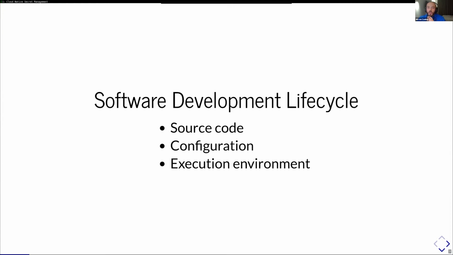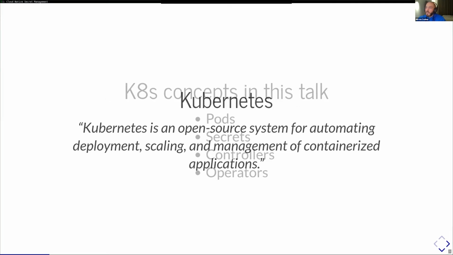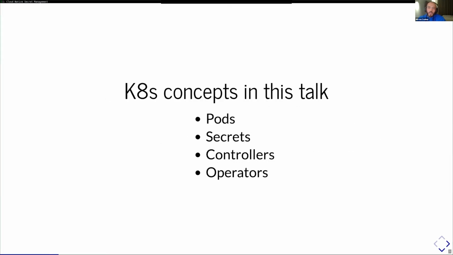I wasn't sure about how familiar everybody is with Kubernetes, so just a quick refresher, making sure we're all on the same page. I'll just cover the elevator pitch for Kubernetes. It just helps you take a cluster of machines for running container workloads, and it helps you efficiently manage it. We will need some basic concepts, pods and secrets.